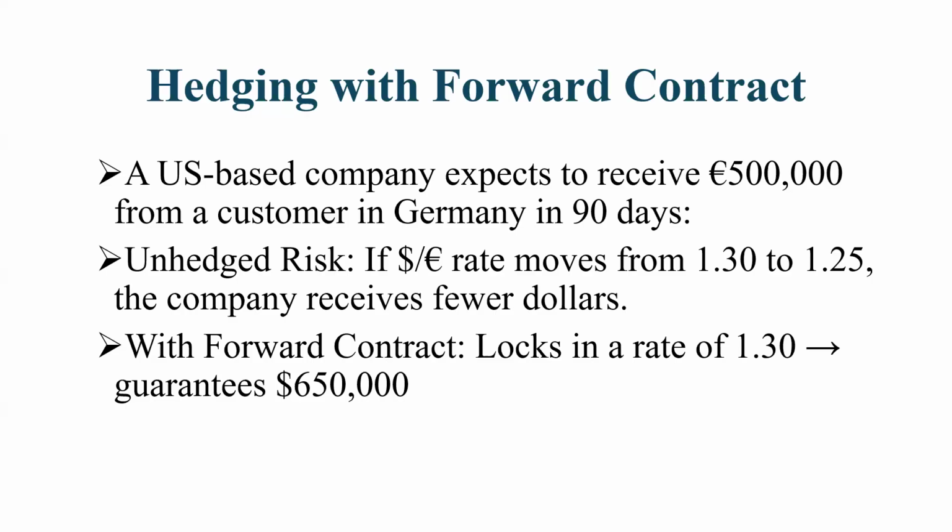The unhedged risk is as follows. If the dollar to euro rate moves from 1.30 to 1.25, take note that the exchange rate moving from 1.30 to 1.25 means that the euro would have moved from $1.30 to $1.25, meaning that the euro is worth fewer dollars in the future.